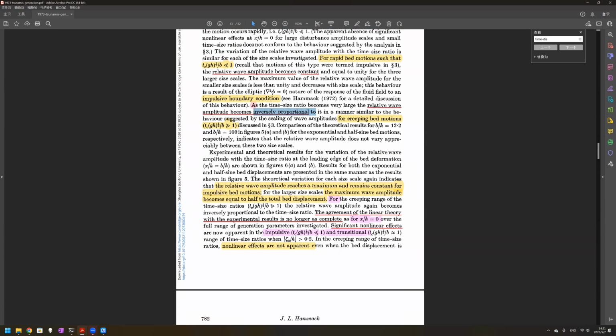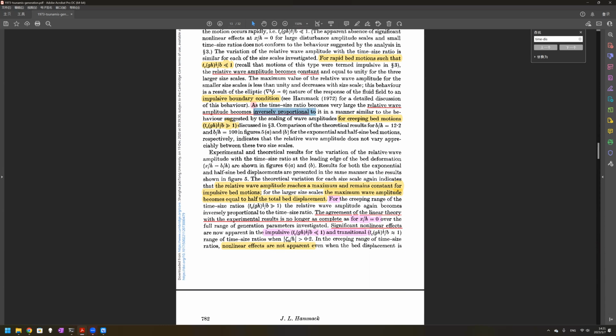And the nonlinear effects become very significant for impulsive, which means the time size ratio is small, and transitional, which means the time size ratio is around 1, when the amplitude of the elevation is large compared to the ocean depth.